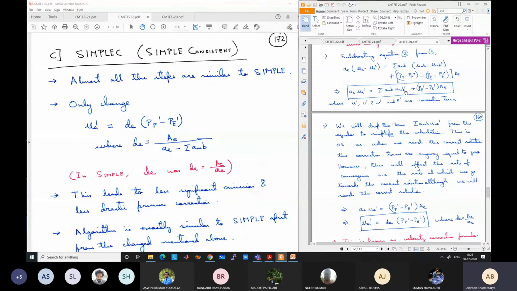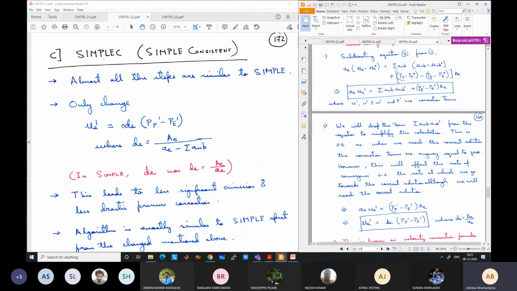Remember that here we have replaced unb dash with uE dash, and we can take this entire thing to the other side. So it becomes uE dash into the bracket aE minus summation anb. So this d will be A divided by aE minus summation anb, and this is the change that occurs in SIMPLEC.